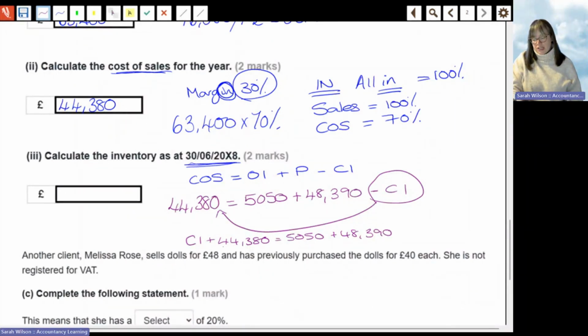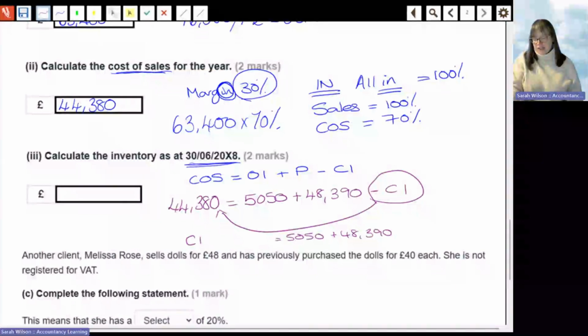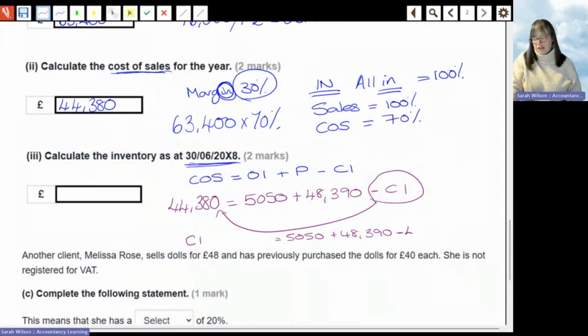But we actually then want to take this out of here and move it to the other side. So it then becomes a minus, which then gives us the closing inventory formula. Once you do that calculation, you get the closing inventory of 9,060.